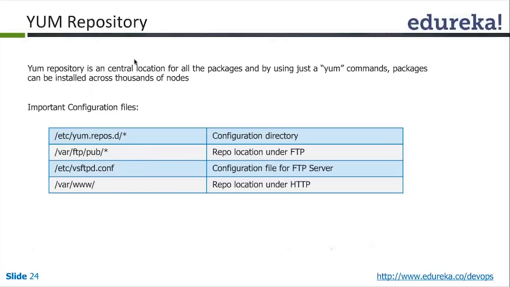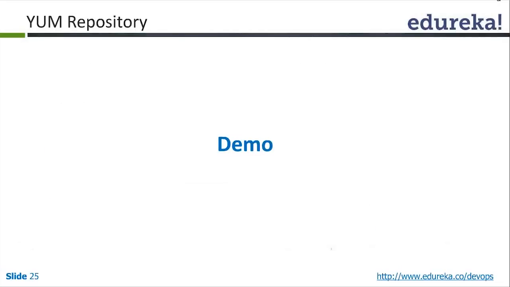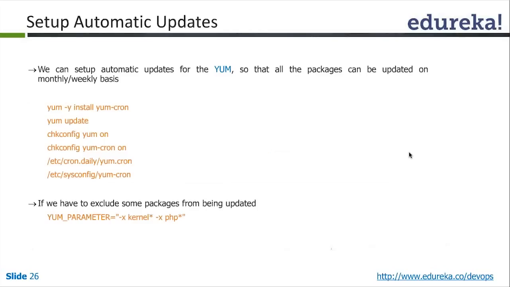I hope you are understanding this now. When I say Yum and RPM demo, the demo is nothing but running the commands, and we'll go through a lot of these commands, Yum and RPM. We can set automatic updates for Yum and things like that.